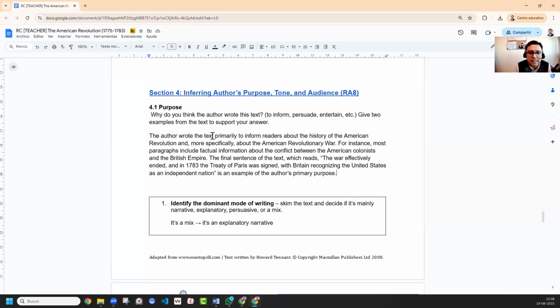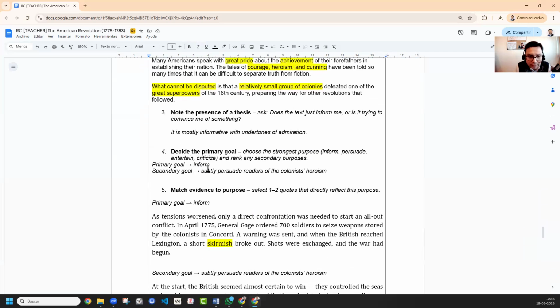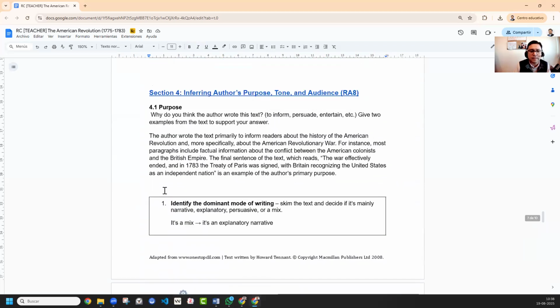So we already stated that there is a primary purpose, which is to inform. But here, in the steps, we also stated that there is a secondary goal, which is to subtly persuade readers of the colonists' heroism. Now we need to put that in the answer as well.